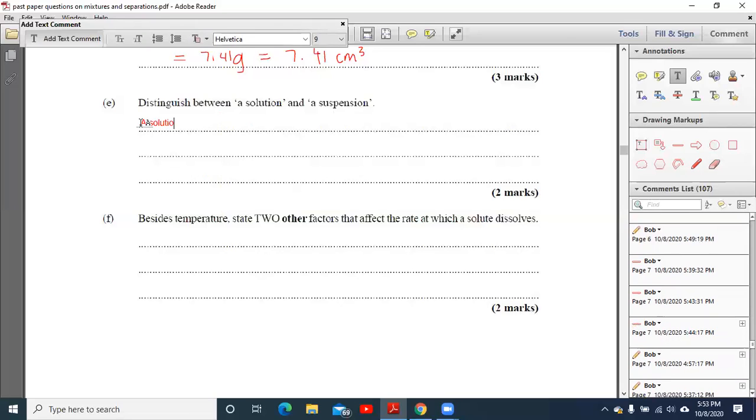A solution is a homogeneous mixture where the solute dissolves in the solvent. It is usually transparent.